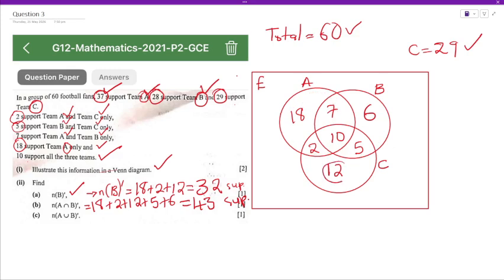So the only number that sits outside A union B is the 12. So it's just 12 supporters for C, the number of elements in A union B complement. And we're done.